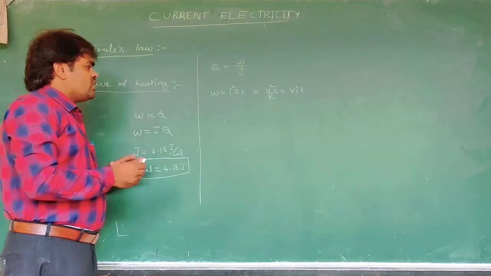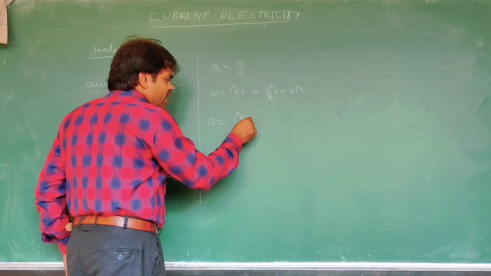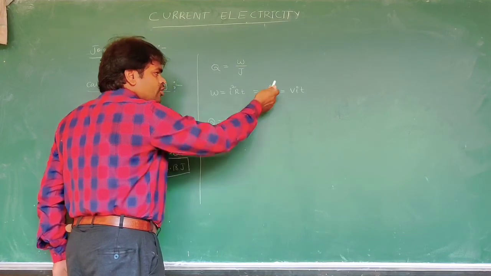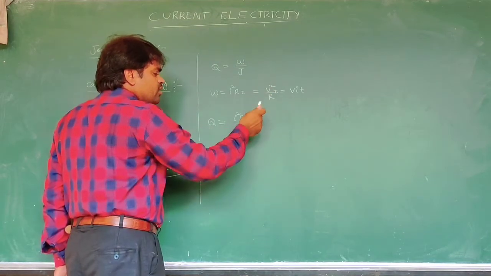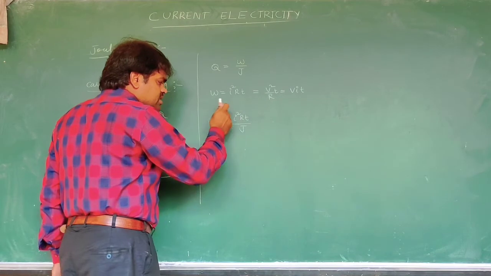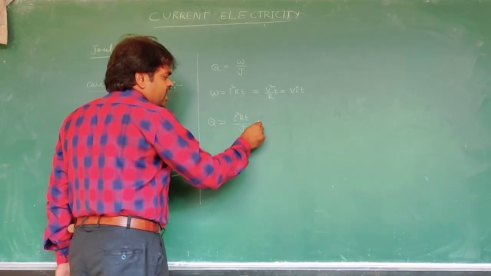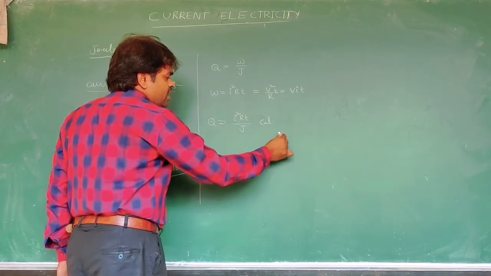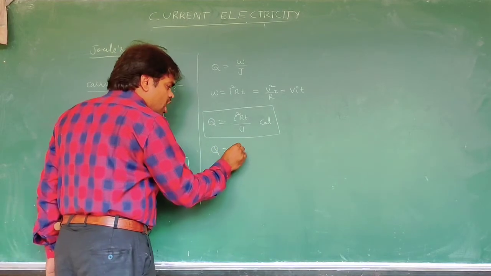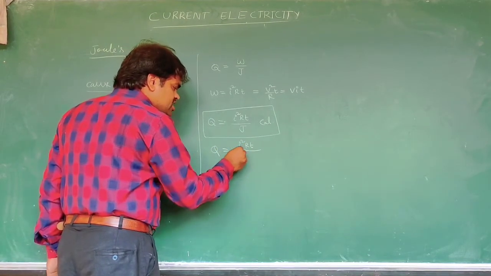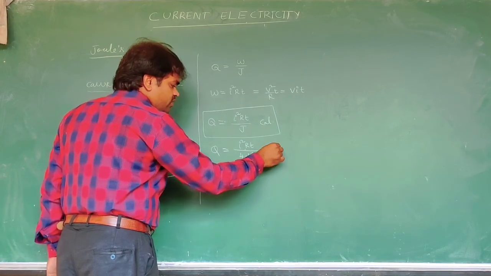Here, that means heat energy is equal to I square RT by J, or V square T by R by J, or VIT by J. That means here Q is expressed in terms of calorie, and T is the time. That means Q is equal to I square RT by J, where J is equal to 4.18 in terms of calorie.